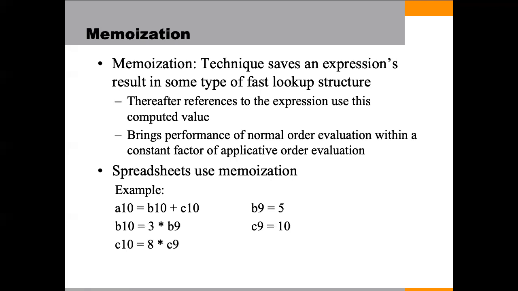And if you change a value like, say, B9, it's only going to reevaluate the equation for B10 and the equation for A10. It's not going to reevaluate the equation for C10 because that equation is not affected by a change to B9. So spreadsheets automatically use a memoization technique to speed up their execution.